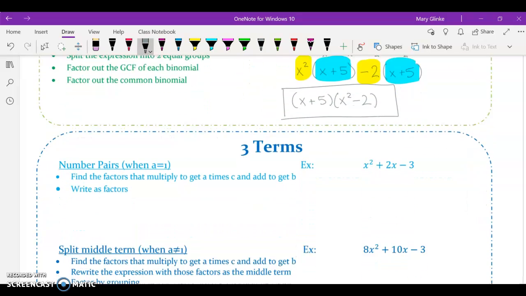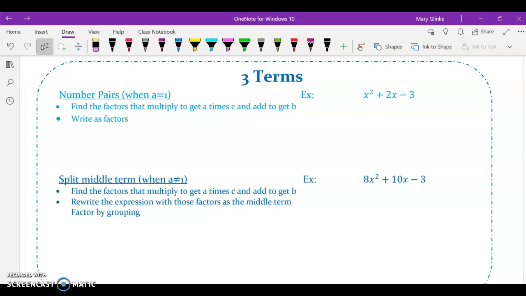Then sometimes we might have something that's only 3 terms left behind. So if there's 3 terms, you have to identify, looking at the problem, if A is 1, meaning there's nothing out in front here, there's technically a 1 there, then you can use our shortcut. That's what we call this one. The shortcut was the number pairs. So we're going to find the factors that multiply to get A times C and yet add to get B. Looking at this, we are looking for what multiplies to get -3, but adds to get 2.